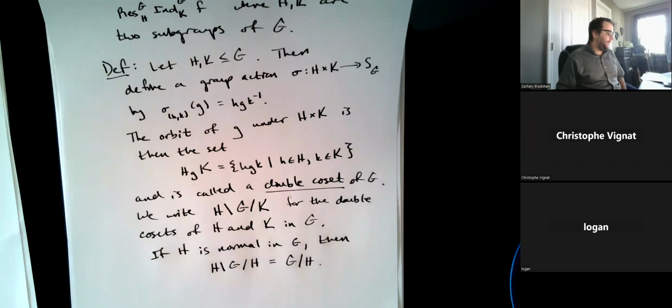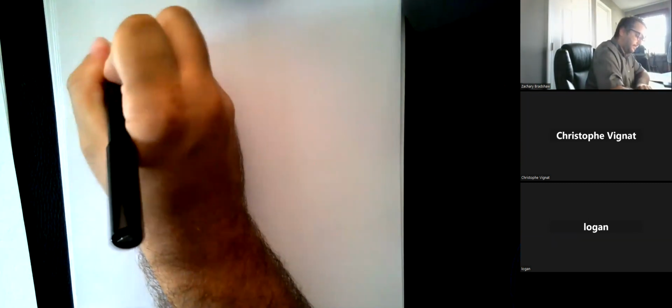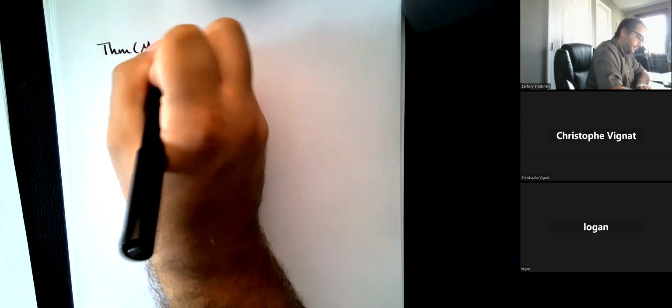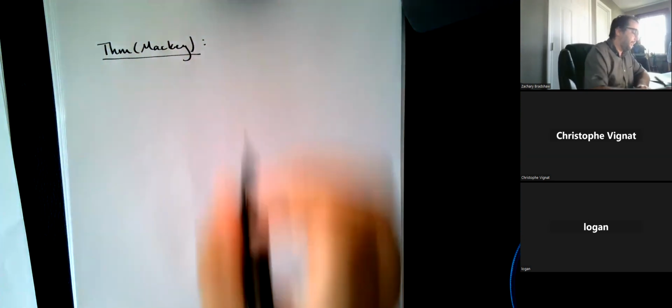The next theorem, by Mackey, explains how induction and restriction of class functions from different subgroups interact. This is where the notation just gets awful.